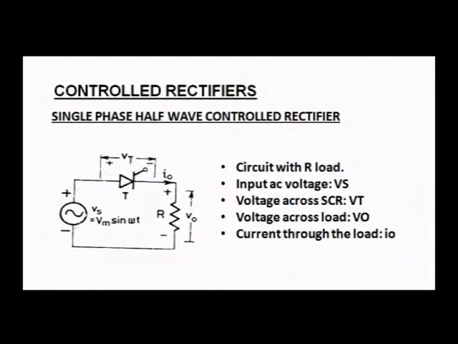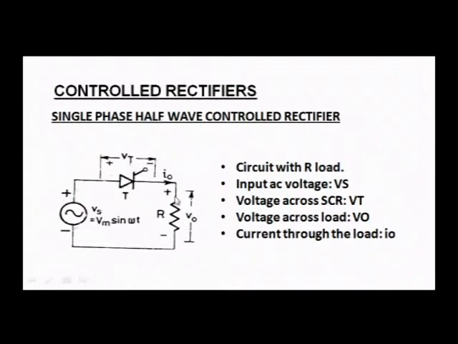Okay. So, the next is a very important slide, students. You have to analyze and understand the different waveforms of these, that is Vs, Vt, I0 and V0. Vs is not going to be a problem because I am going to draw only an AC waveform. Once I give a trigger pulse, what will happen to the others?